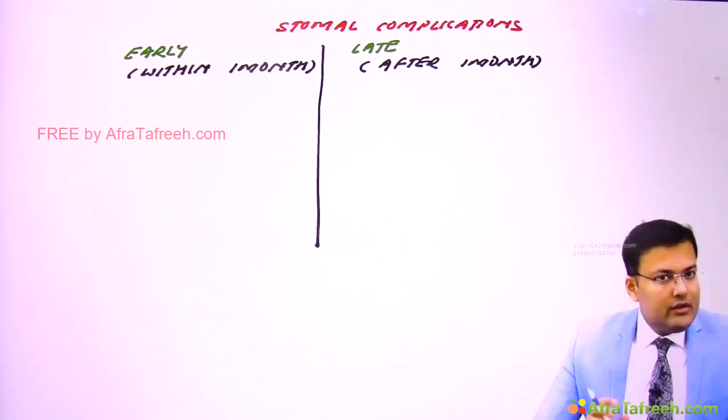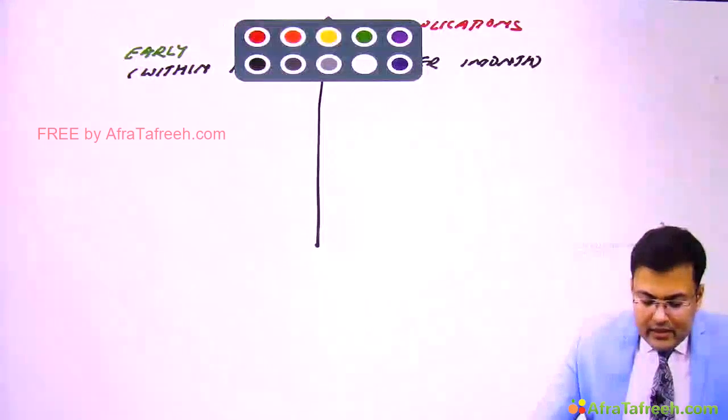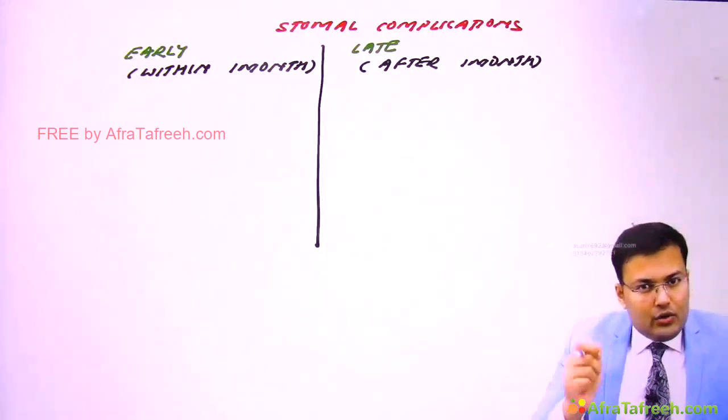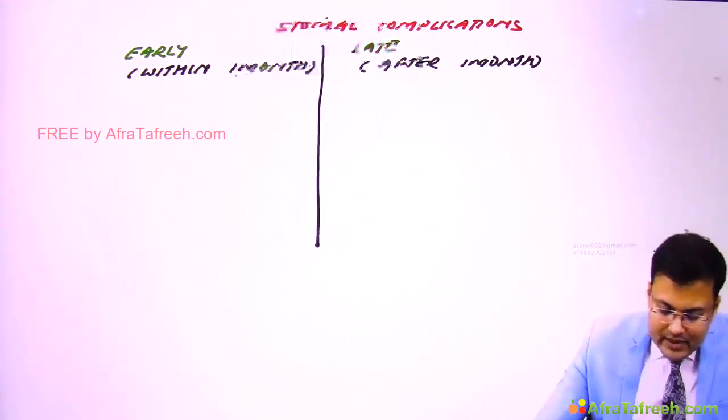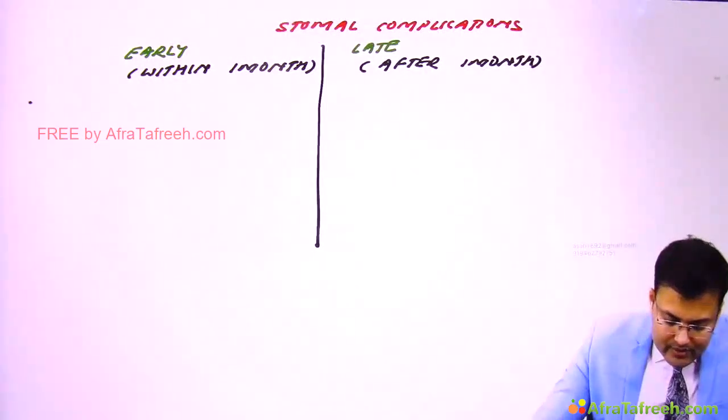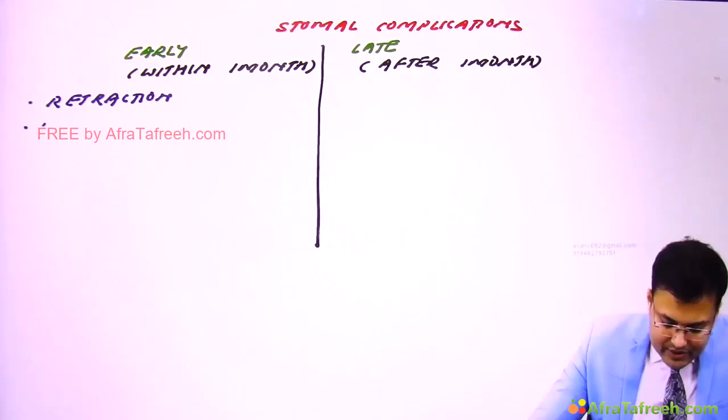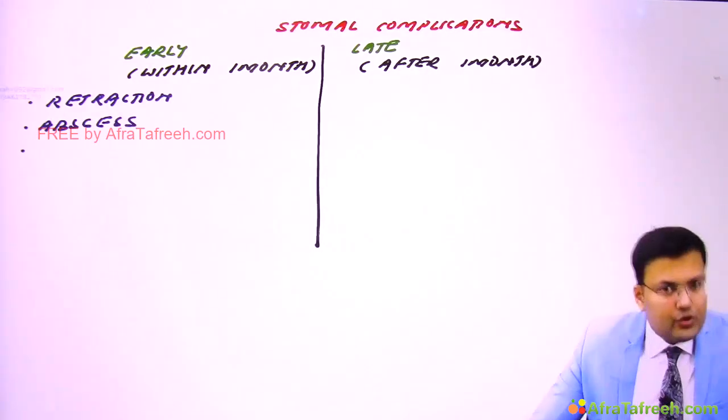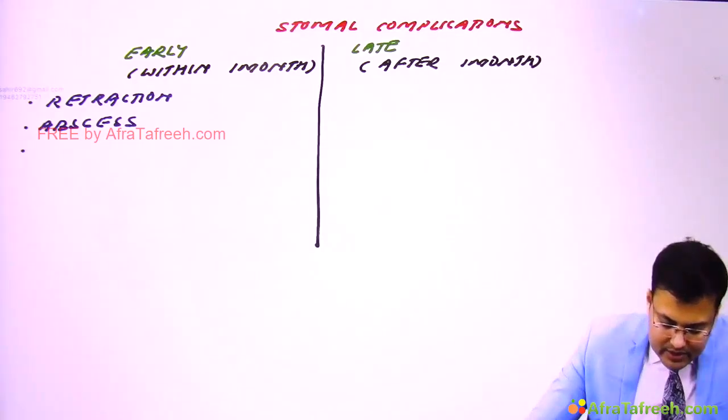Clear? So whenever you are going to create the stoma, if you are not going to fix it properly, what happens? There is retraction. So it may retract. There is abscess formation. The location should be proper. But sometimes there is poor location.